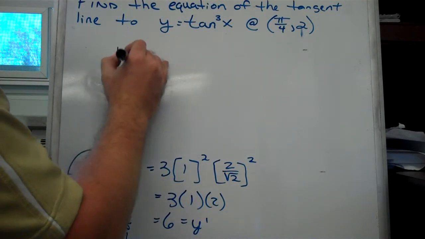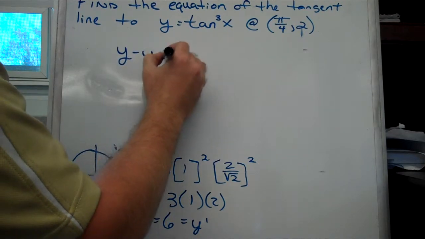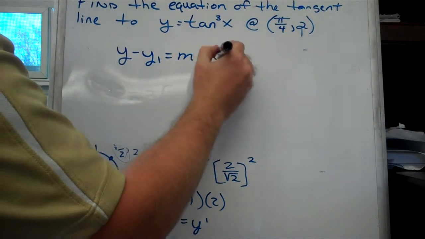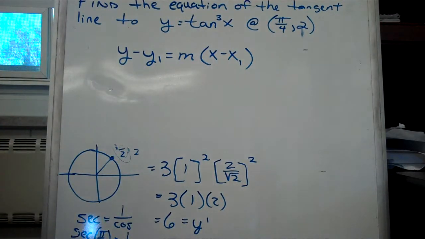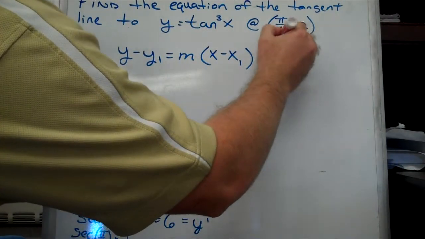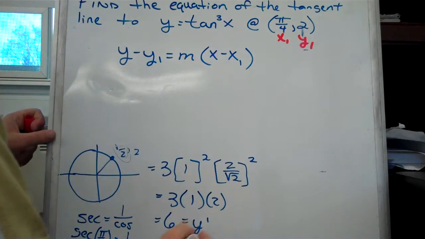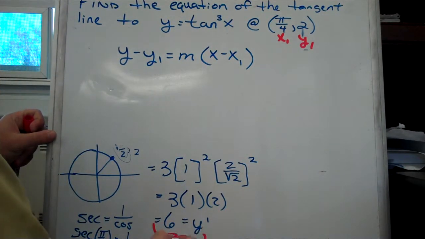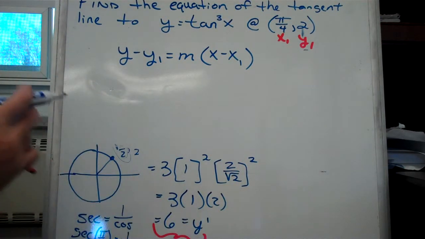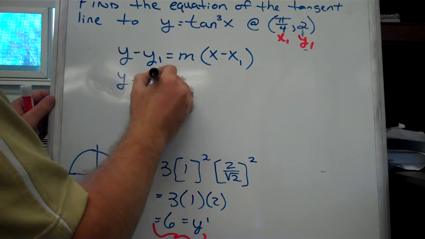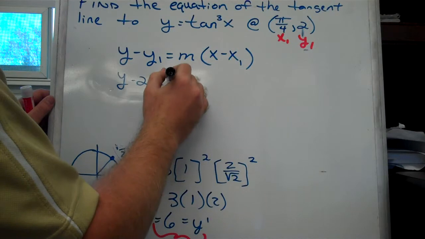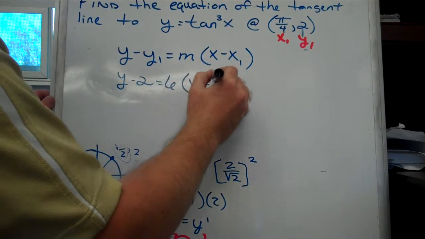So I'm going to go y minus y1 equals m times x minus x1. What's nice is this value up here is your x1 and your y1, and we just found our slope m. So we substitute those values in. You get y minus 2 equals 6 times x minus pi over 4.